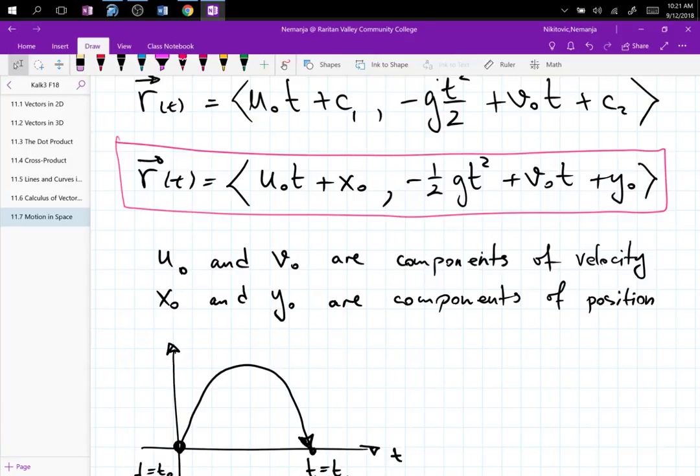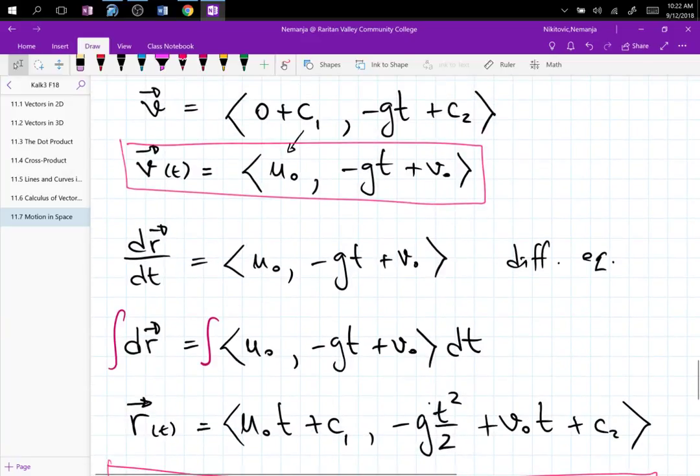Two-dimensional motion. How do you calculate the maximum height? What happens at the maximum height? Toss this up. Velocity 0 at the top, exactly. So all you need to do is go to your velocity equation, and you make sure that your y-coordinate is equal to 0.